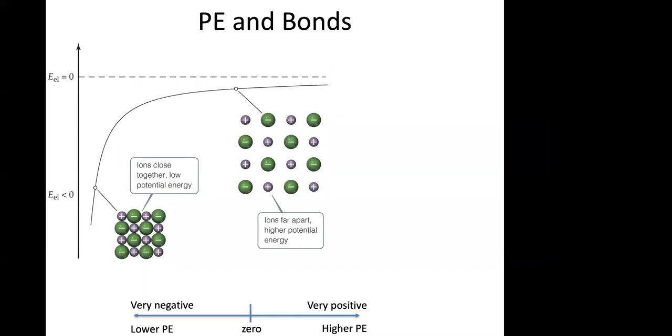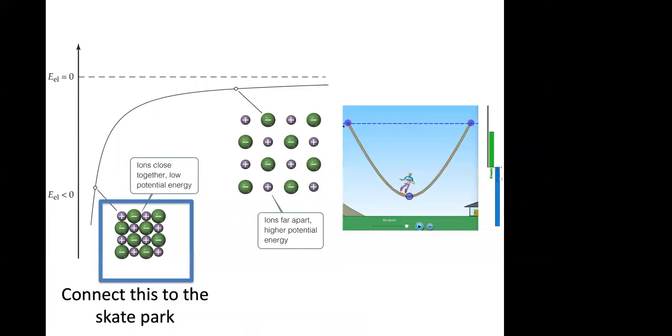It's all coming back to where we're defining our reference value. This idea of as it's coming together, the potential energy is going down, I try to connect back to the skater, where his potential energy went down, it became smaller, and if we are defining a reference as a large separation, it became more and more negative.